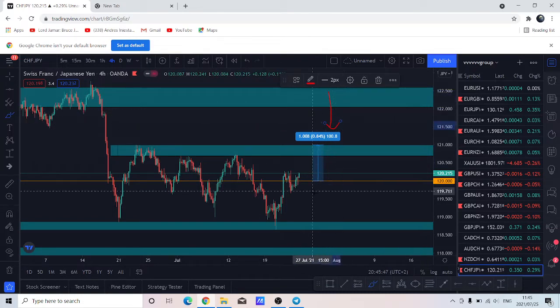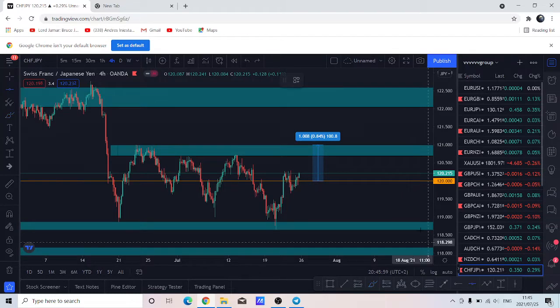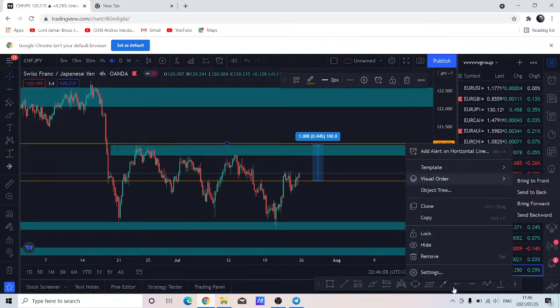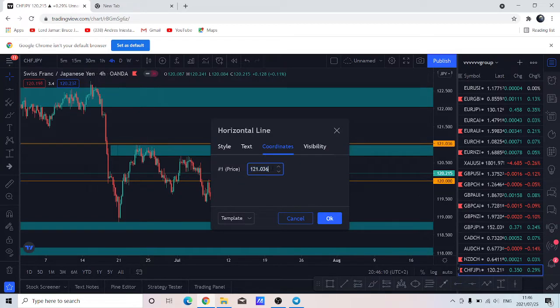So now this confirms that there is a round number somewhere around in this zone here. So our round number is 121, triple zeros.